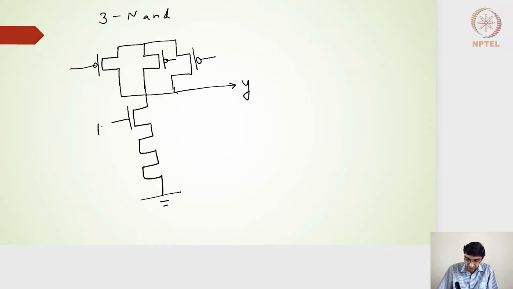I will label the inputs A, B and C, and represent B and C on the pull down side as well. What should be the sizing?